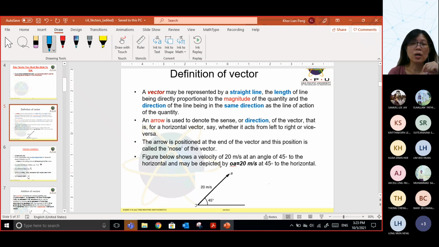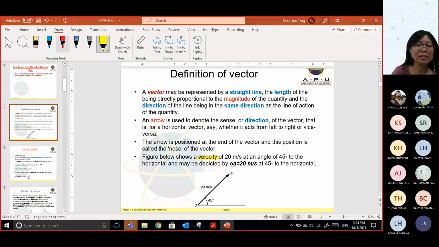So that means a vector consists of two important things, the magnitude and the direction. For example, velocity that we mentioned yesterday is a vector. There's an angle, for example here 45 degrees, and the magnitude is 20 meters per second. So this is the magnitude.